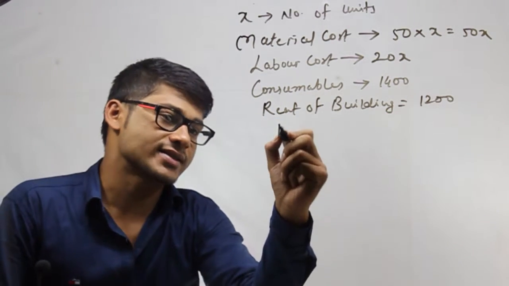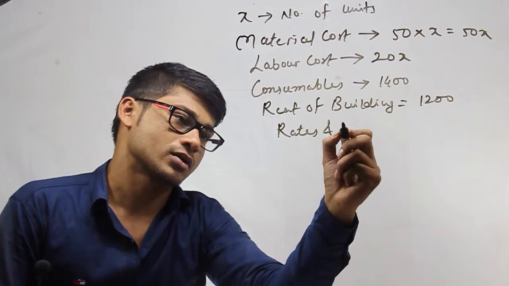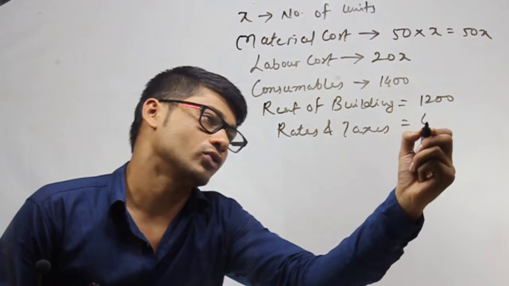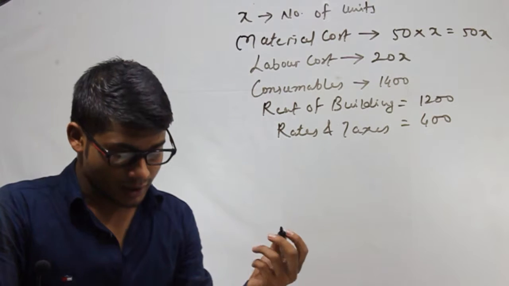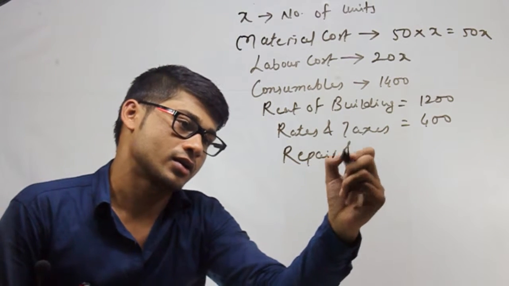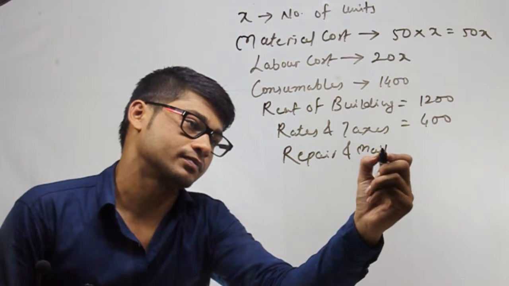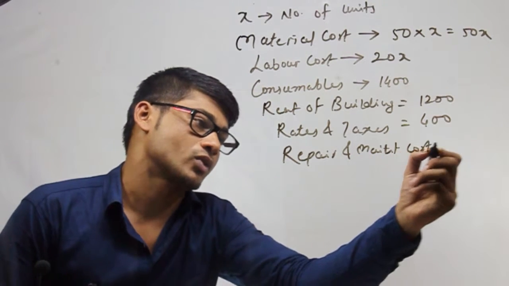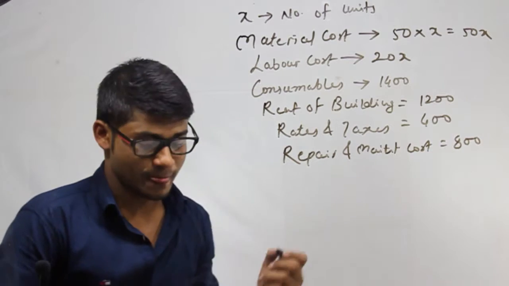Then we have rates and taxes, which is equal to 400 rupees. Then we have repair and maintenance cost, which is equal to 800 rupees.